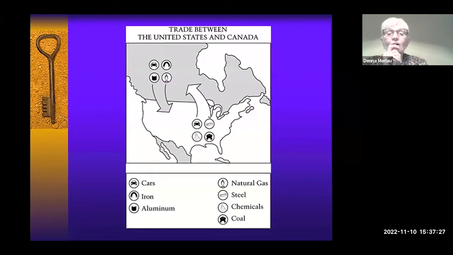I've got coal in the United States. I've got aluminum in Canada. But if I remember the map that I just looked at, the previous slide, would tell me that there's aluminum also in the area of the Caribbean.